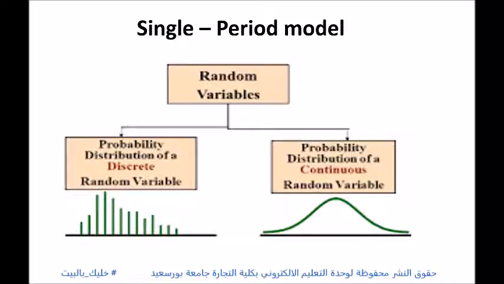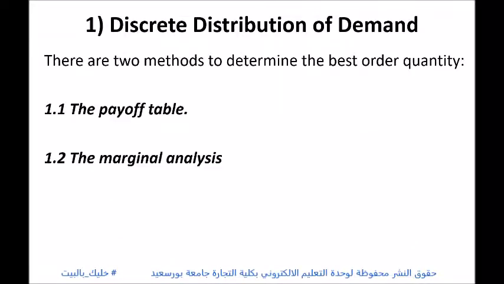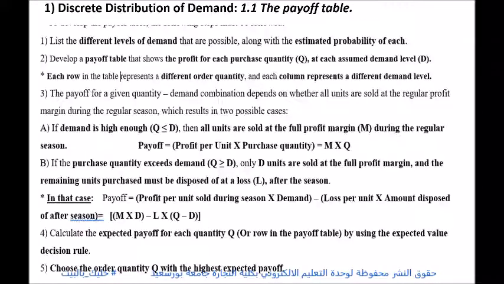And at this point, we distinguish between two types of demand: first, discrete distribution of demand, second, continuous distribution of demand. The first method is the payoff table, and we have 5 steps to apply this method.